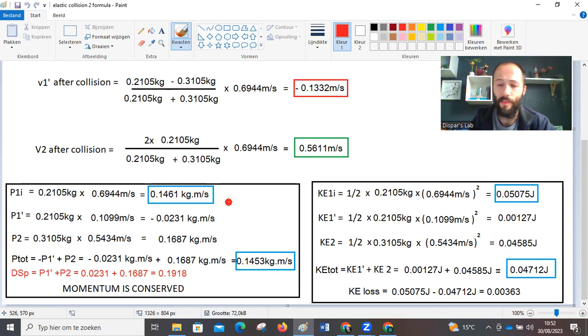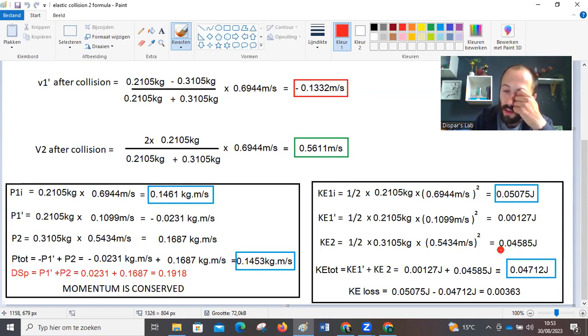Okay, so now for the kinetic energy, the initial total amount of kinetic energy is 0.05075 joules. After collision, mass 1 has kinetic energy of 0.00127 joules, and car 2 after collision has 0.04585 joules. Now, to check whether kinetic energy is conserved or not, we always add them together, since kinetic energy is a scalar.